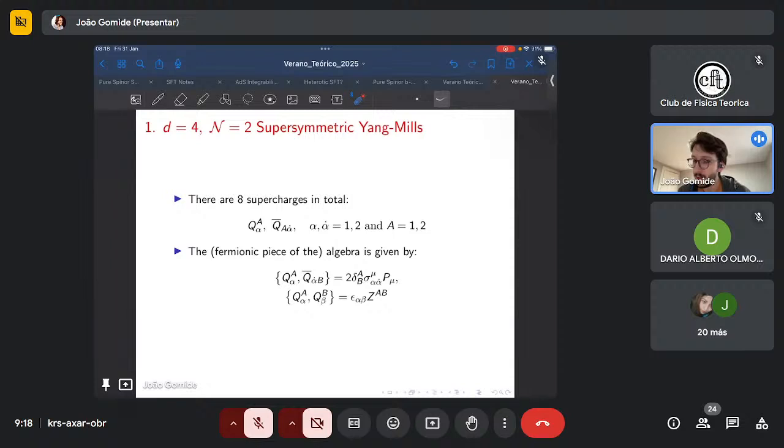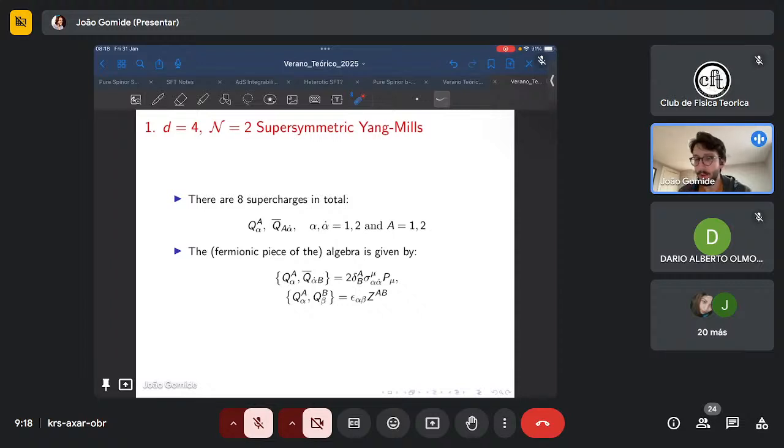And here the delta AB just says that you have this commutation relation if the A and the B are in the same set of supersymmetries. The rest of the algebra also follows, so the Lorentz or the rotation generators rotate the spinors with the Pauli matrices and so on and so forth.